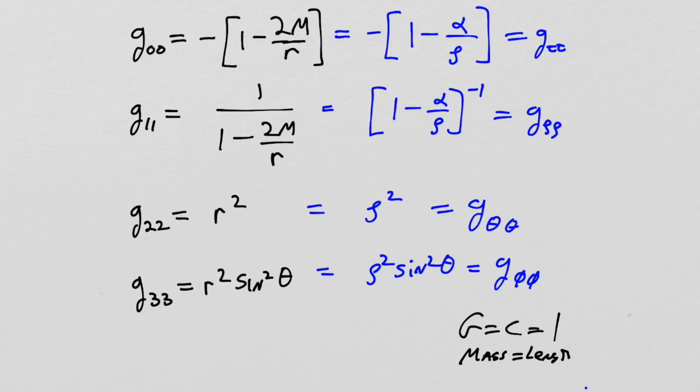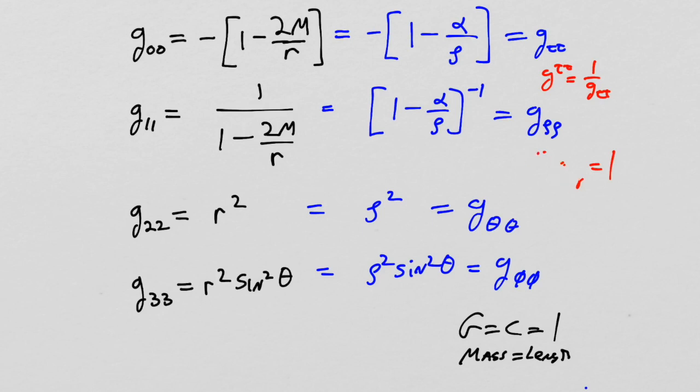Because it's diagonal, we're very lucky because we can easily calculate that g^tt is 1 over g_tt for diagonal metrics. If you're curious about that, just work it out. g_αβ times g^βγ, when you have only diagonal terms, is going to be 1 everywhere, and you'll see that that's the case.